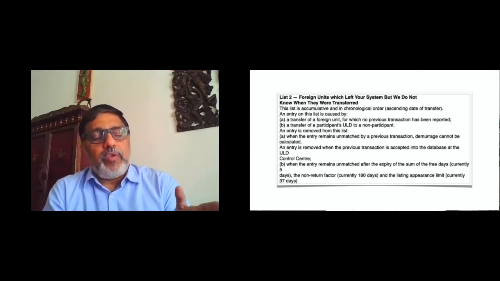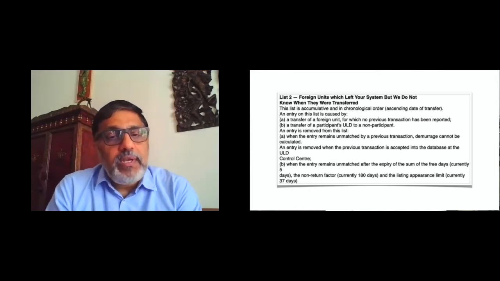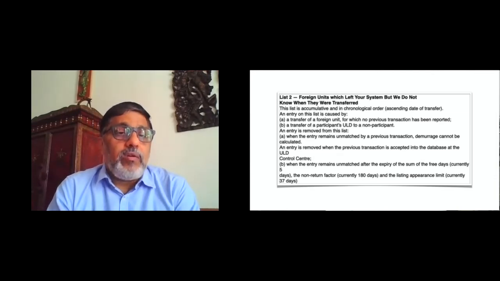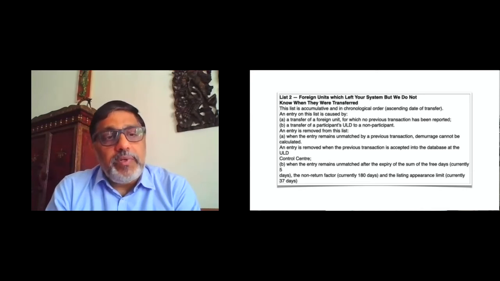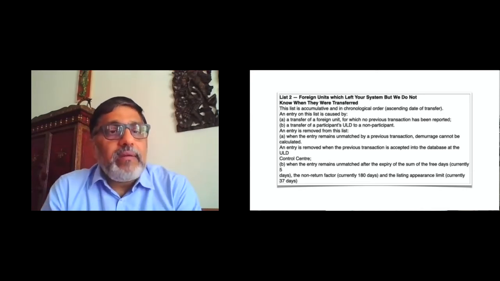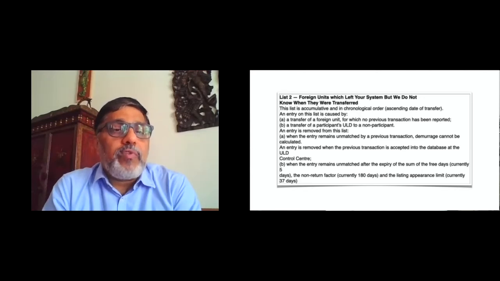This list will give you all those units that you have returned, but we have no clue when they entered your operations, so there is no demurrage calculation possible. This is more of an information to the owner carrier that there is a pending muck out from your side.